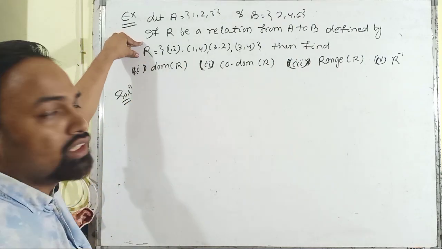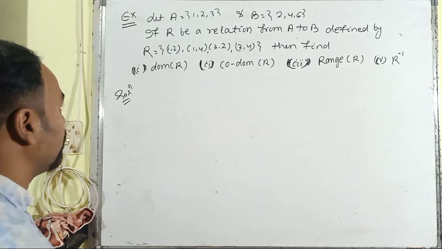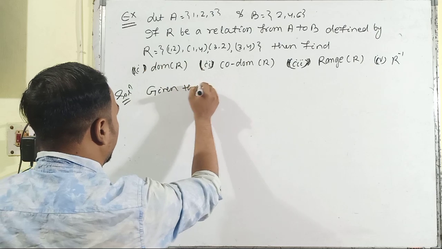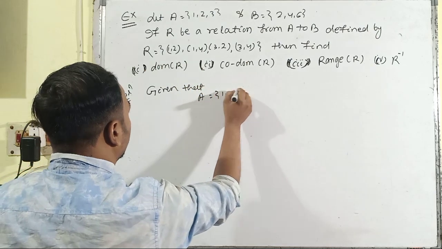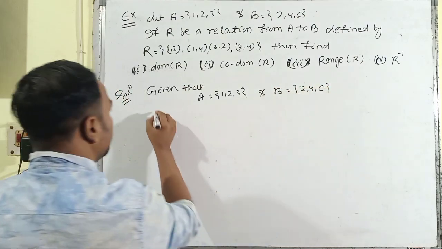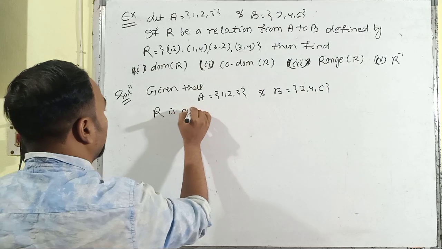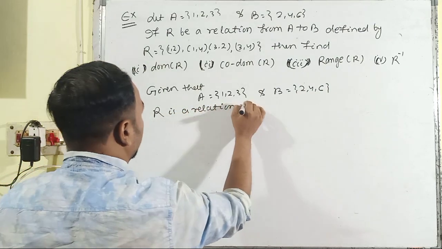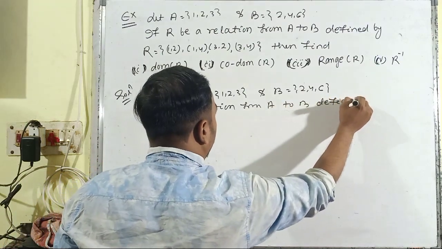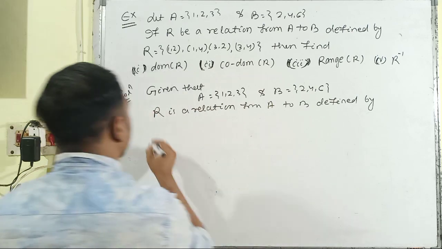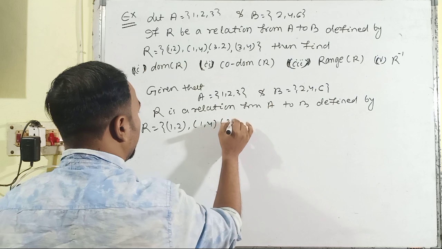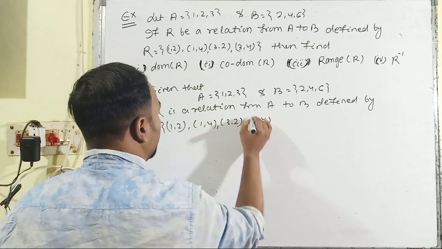Just considering this relation, because the relation is already given to you, it is very easy. So given that the set A is equal to {1, 2, 3} and the set B is equal to {2, 4, 6}. R is a relation from set A to B defined by R = {(1, 2), (1, 4), (3, 2), (3, 4)}.